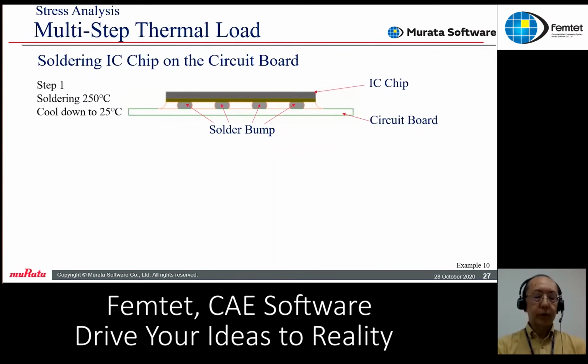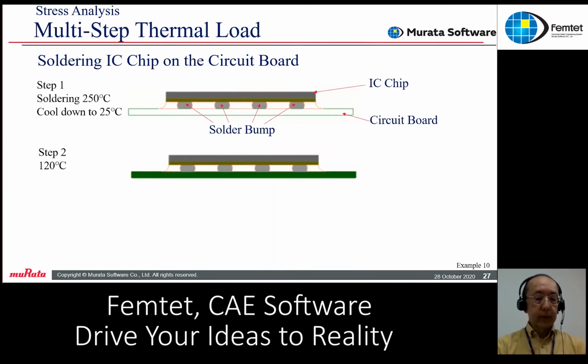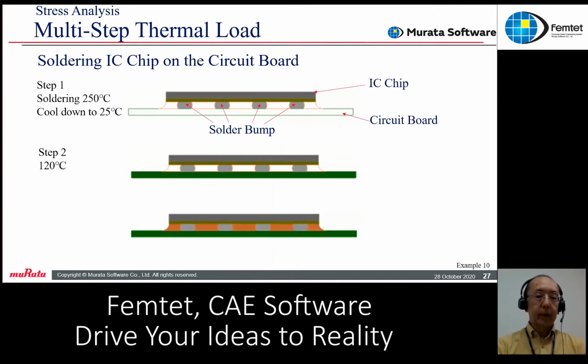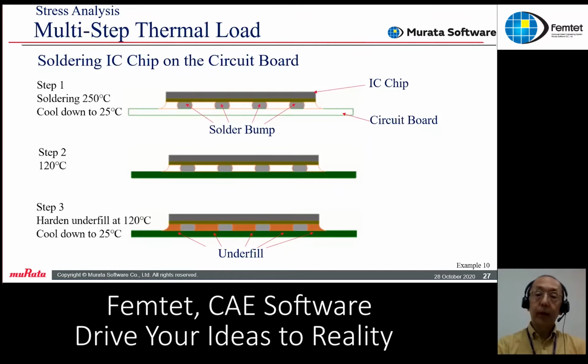Soldering temperature is 250 degrees and cool down to 25 degrees. Step 2, raise the temperature to 120 degrees. And step 3, apply the underfill and harden at 120 degrees and cool down to 25 degrees. In this analysis, you can take the temperature changes into account.